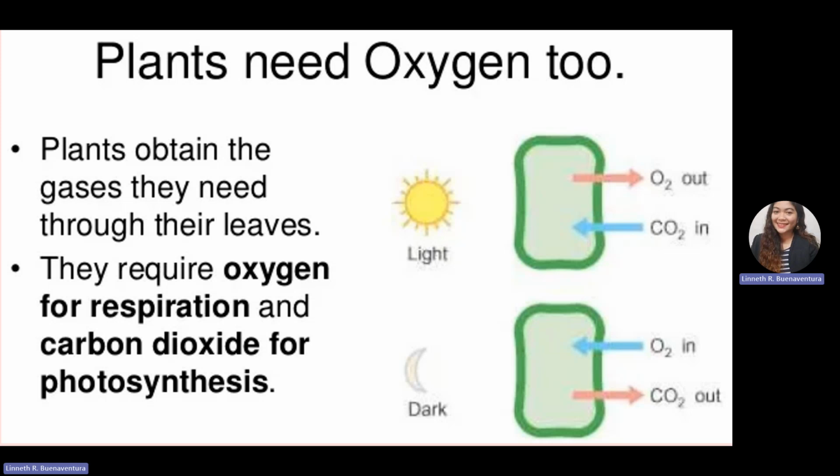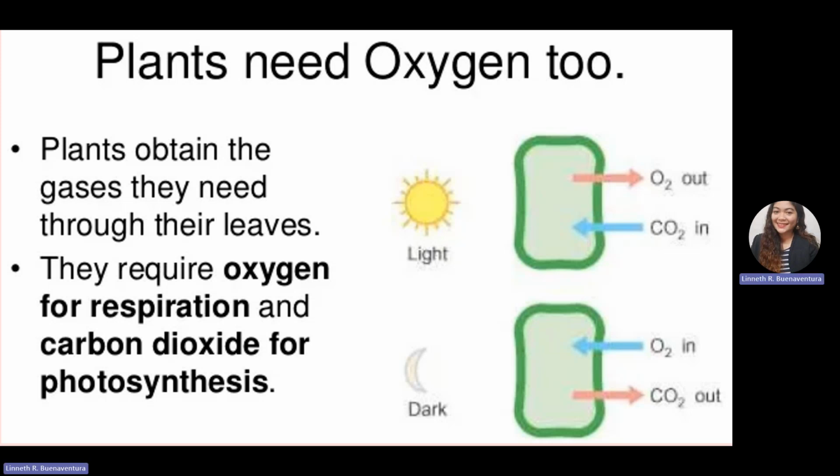How about plants? How do they exchange gases, oxygen and carbon dioxide? Since we're done with humans and animals, how about the plants? Plants need oxygen too. Plants obtain the gases they need through their leaves.